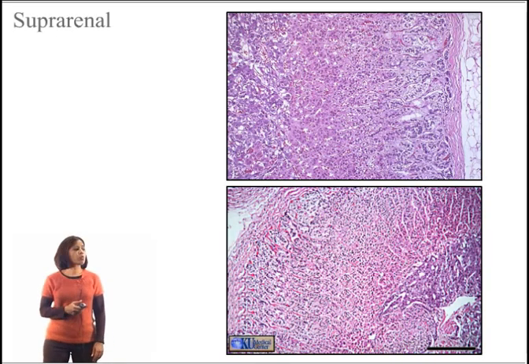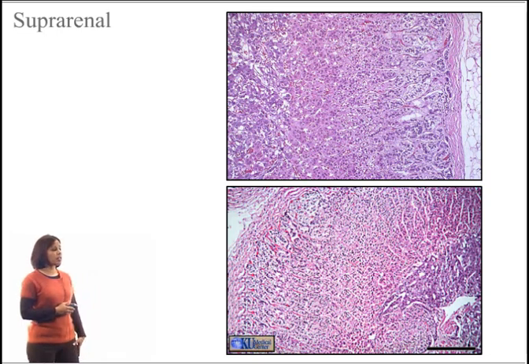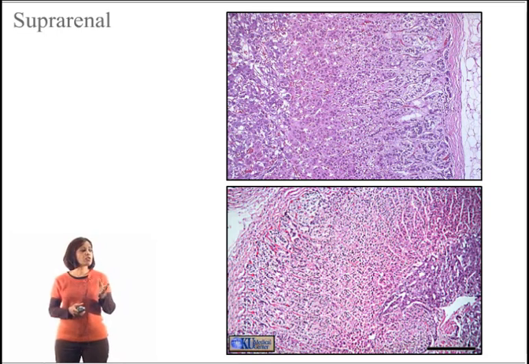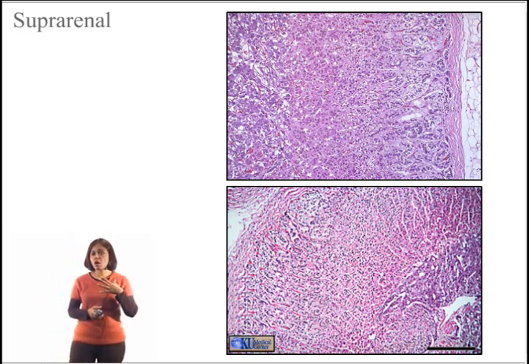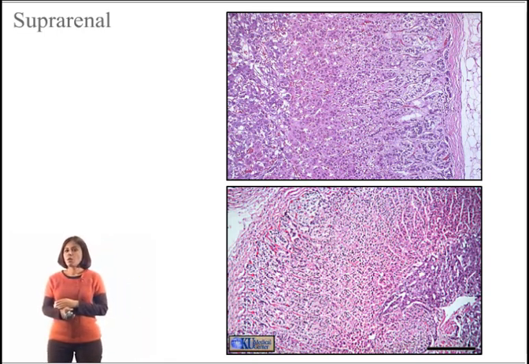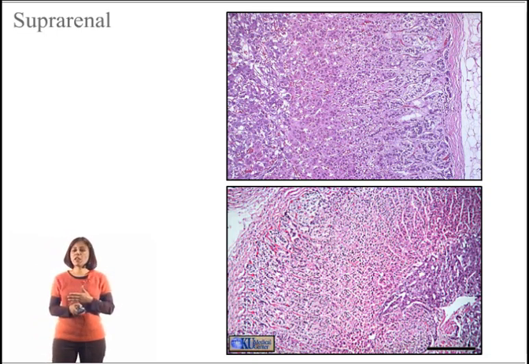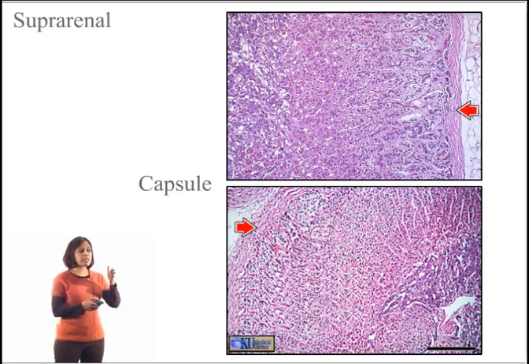Let's move on to the suprarenal gland, and this gland is different in that it produces totally different types of hormones, and it has two very distinct areas. We have the cortex and we have the medulla. Now in the cortex, the way you identify the cortex is by first looking for the capsule, and this consists of connective tissue, and you can see those collagen fibers up there.